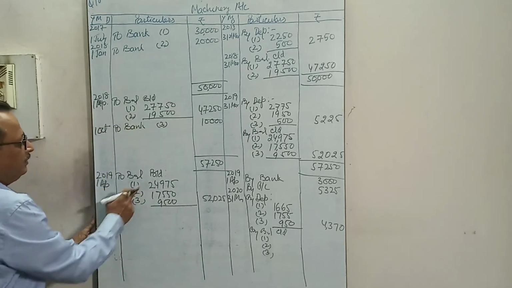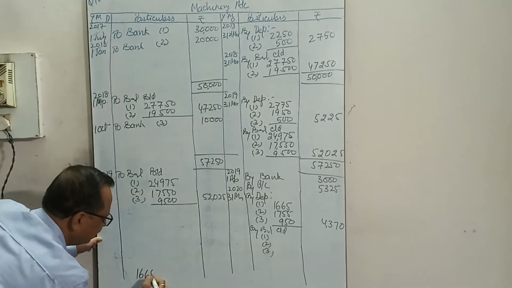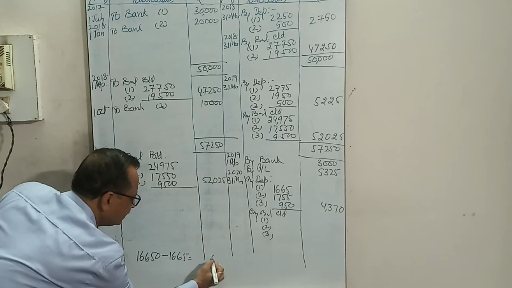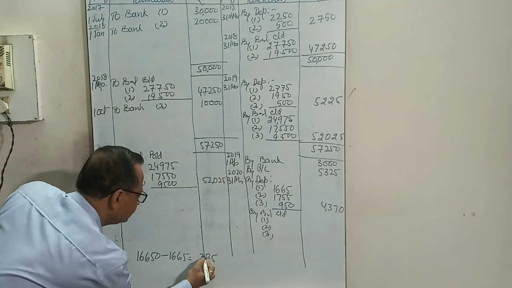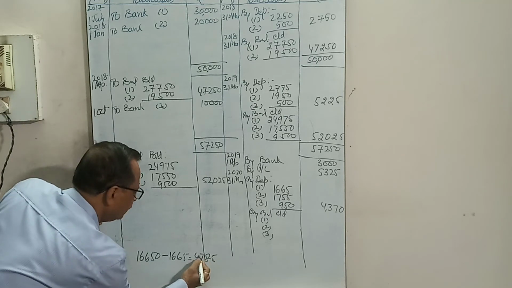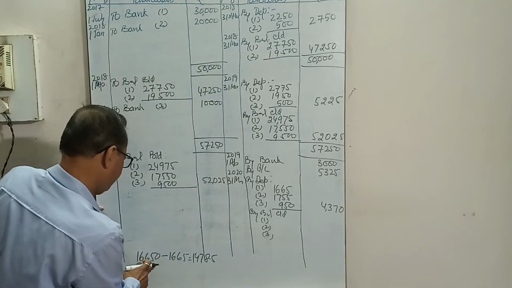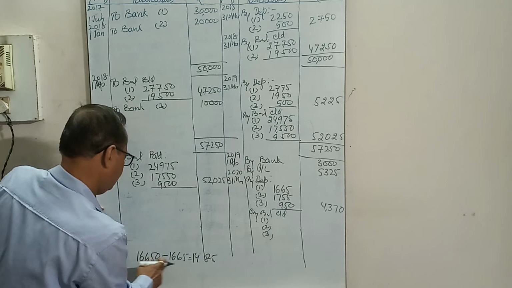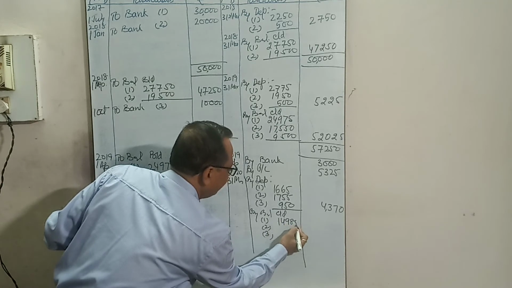As you know, of this 1/3 was sold, the balance remained 16,650 less depreciation of this year, 1,665, so 14,985.